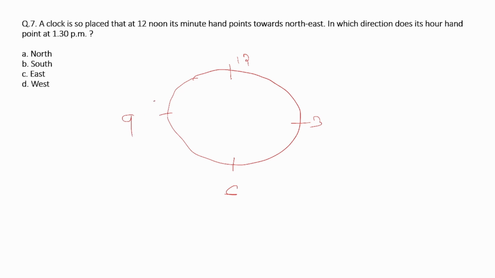At 12 noon, the minute hand will be in this direction and the hour hand will be in this direction. Its minute hand points towards northeast. So let us draw a natural figure.